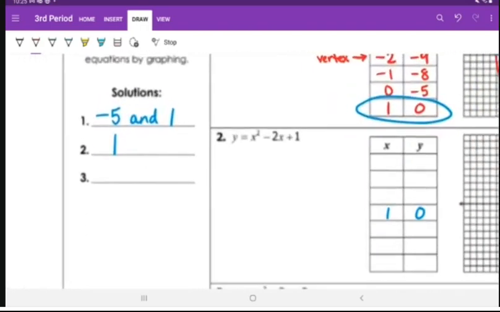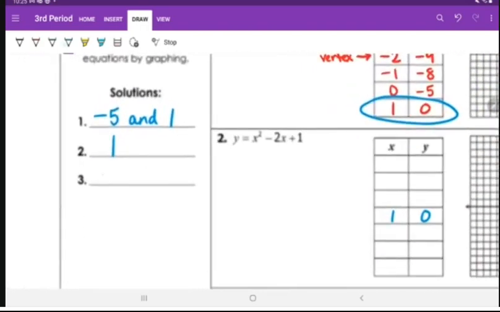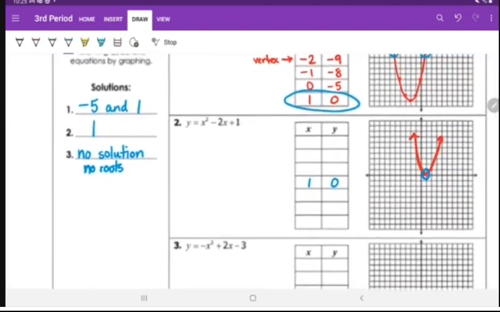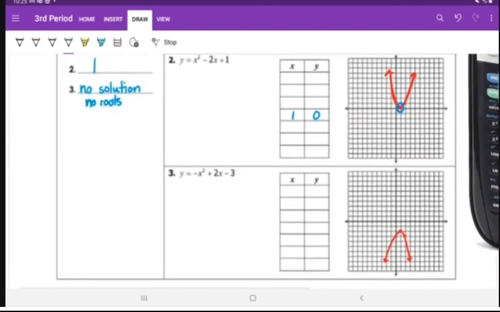So up here on the line for the solutions for number 3, you could write no solution. You could also write no roots. That would be fine. They mean the same thing. And you would have a bunch of table values here filled in as well, probably centered around your vertex, which was 1, -2.